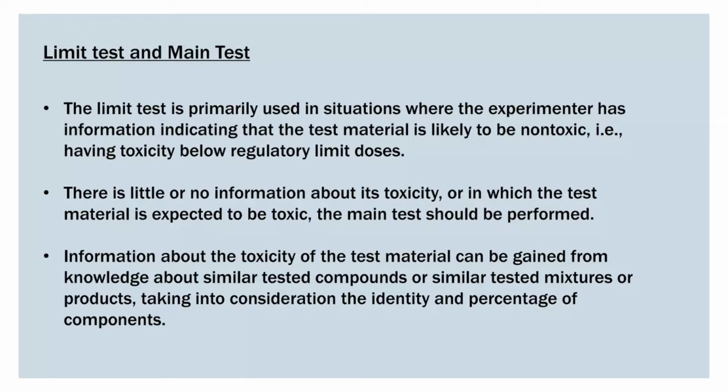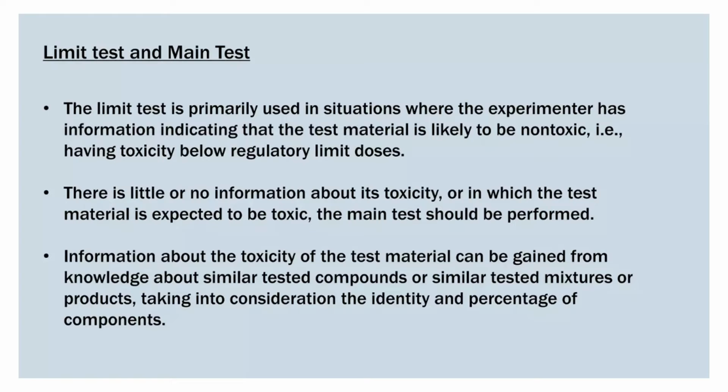If it is plant material, we can directly use the limit test, 2000 or 5000 mg per kg. And if we do not know what the substance is, whatever it is, then we have to go for 175 mg per kg body weight, and that dose we have to give first.